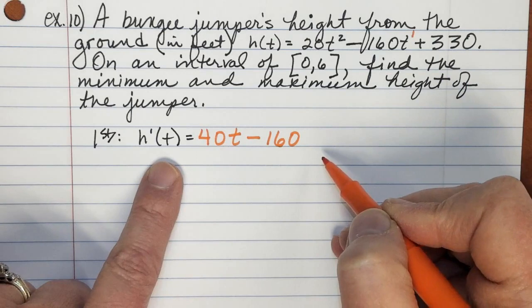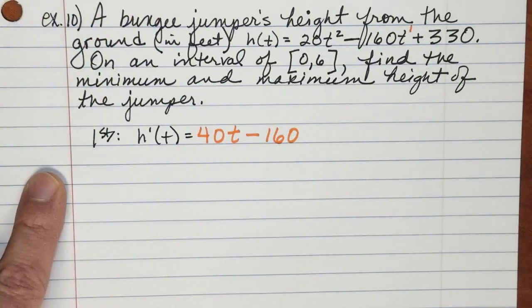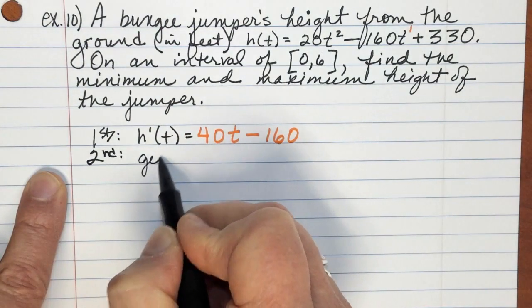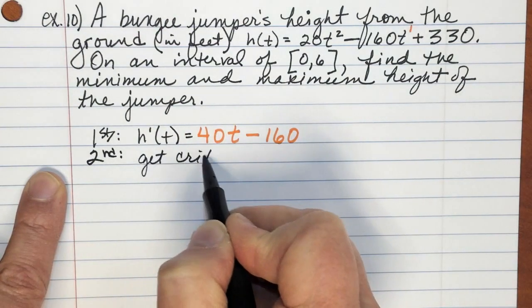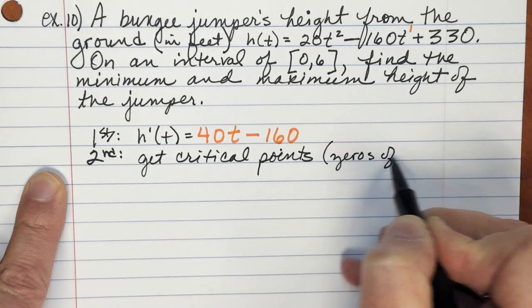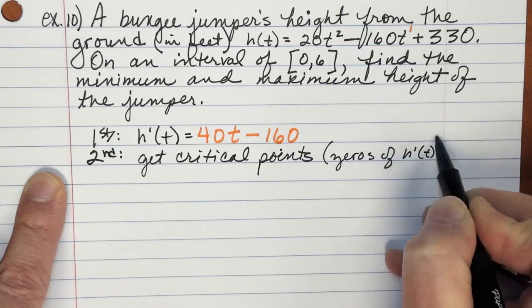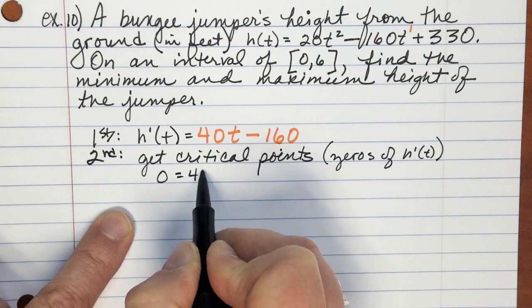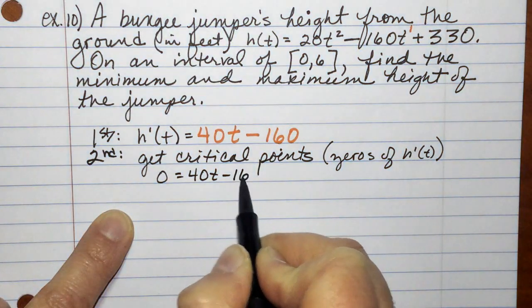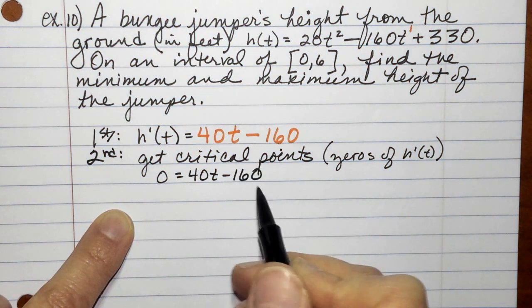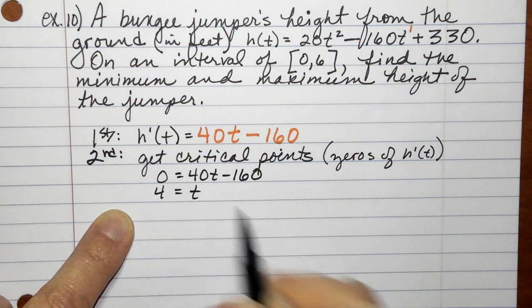Then the second step is to get your critical points, and the critical points are the zeros of the derivative. If we set that equal to 0, I've got 0 equals 40t minus 160. Add 160 to the other side, divide by 40, and you see that 4 equals your t.